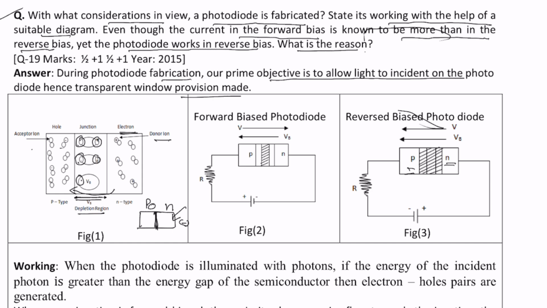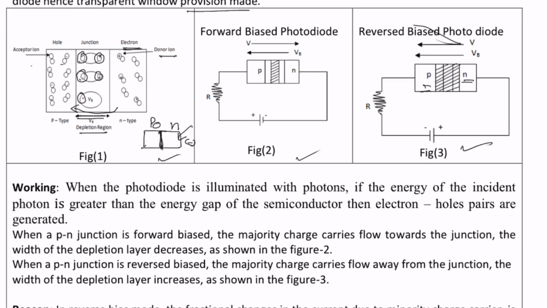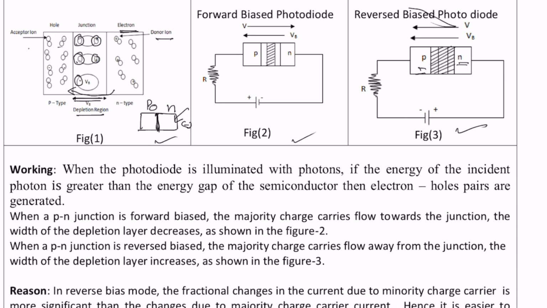Okay, so these 3 figures are now clear, correct? So working: how does this PN junction work in forward and reverse bias condition? Let's see.